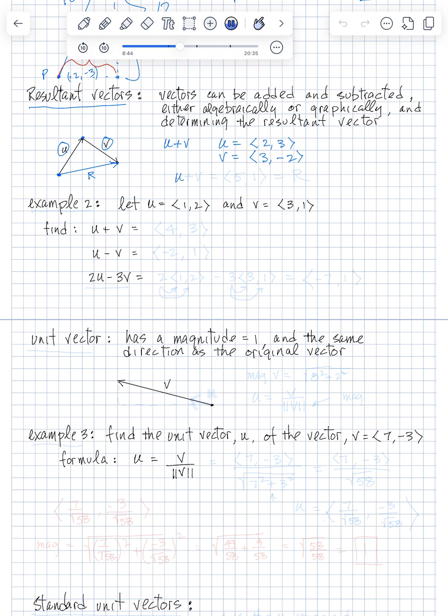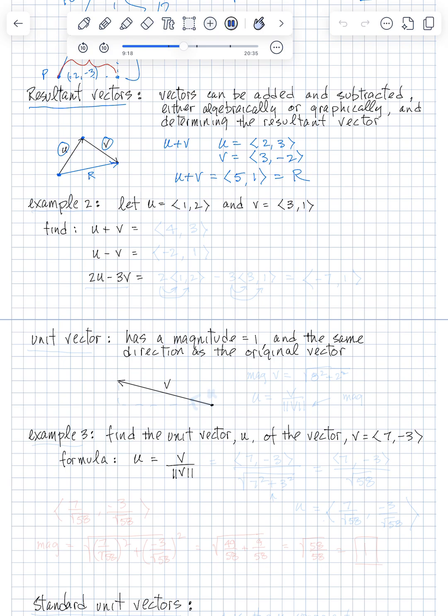So u plus v is 2 plus 3, which is 5, that's the x component, and 3 minus 2 is 1. So this is the resultant vector r. If we go from the beginning of r to the end of r, we can see that it goes over to the right 5 and up 1. So that's the resultant vector.